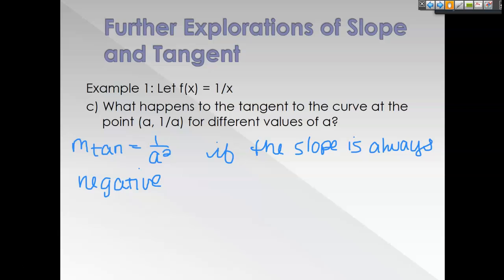Is the graph increasing or decreasing? It would always be decreasing. So if the slope is always negative, the original is always decreasing.